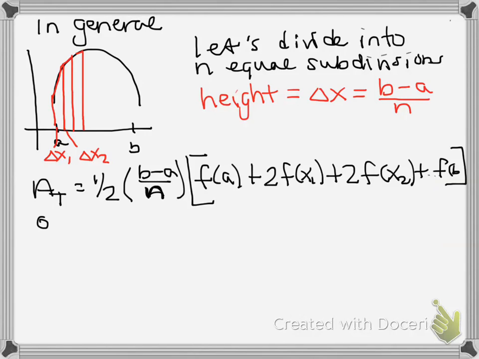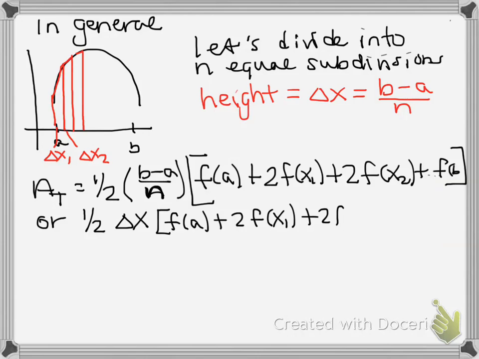You could also think about it as 1/2 your change in x, remember that is our height, times f of A plus 2f of x1 plus 2f of x2, and so on and so forth until you get to f of B. That's the trapezoidal rule.